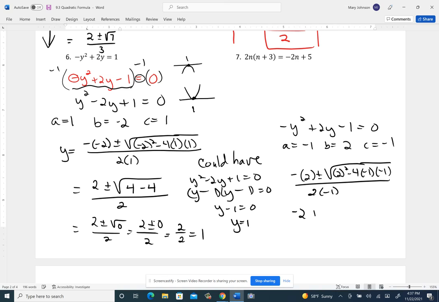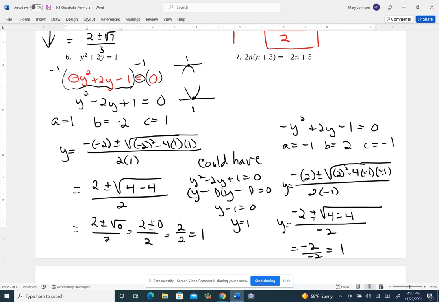So you get negative 2 plus or minus the square root of 4, and that's minus 4 still, right? Because 2 negatives would be positive times another negative, over negative 2. So the difference would be that we'd get negative 2 plus or minus 0, which would be negative 2 over negative 2, which still equals positive 1.